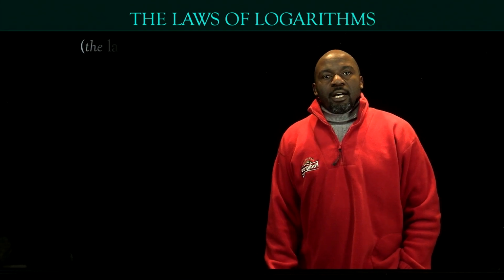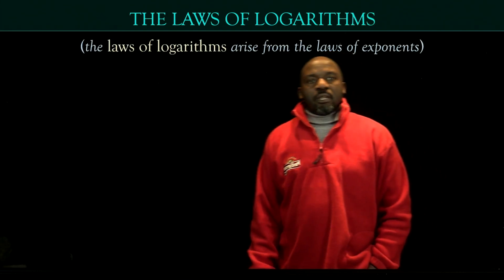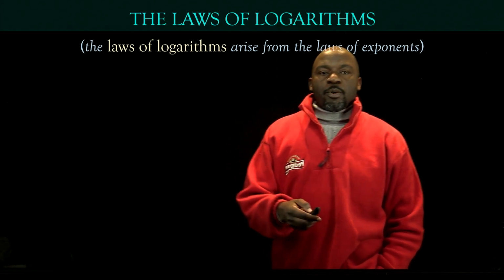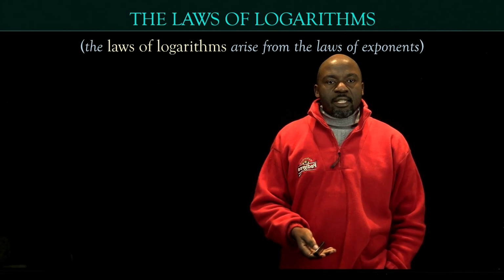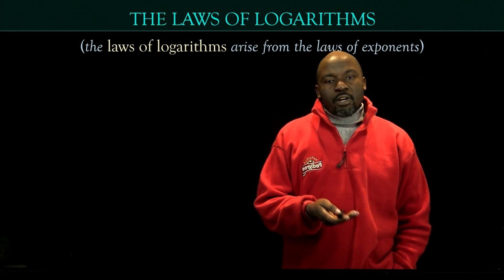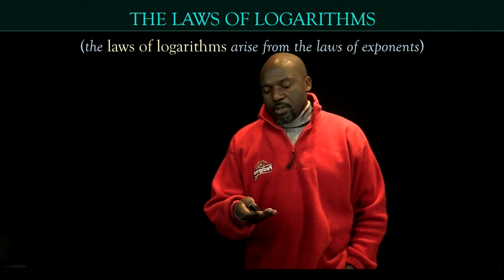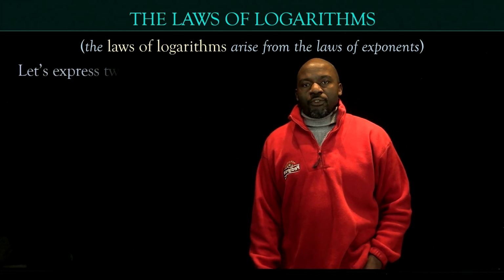Okay, so let's start by looking at the laws of logarithms, and we are saying that the laws of logarithms arise from the laws of exponents. So if you remember those laws of exponents, and you also remember what we learned in the first part, which was converting from exponent or index notation to logarithmic notation, then we can start with that here. All right, so what do we know already?